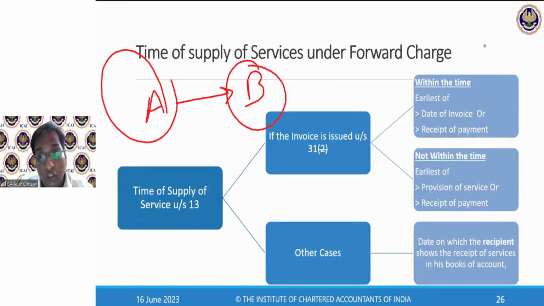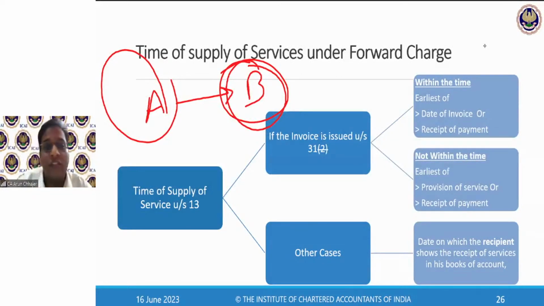You might have the question: sir, how will the GST officer be able to identify that Mr. B is a customer? Suppose A has not issued any tax invoice. How would the officer be able to understand that B is a customer? It will not be an easy case. Correct, absolutely correct, it is not an easy case. You should understand it in a different manner.